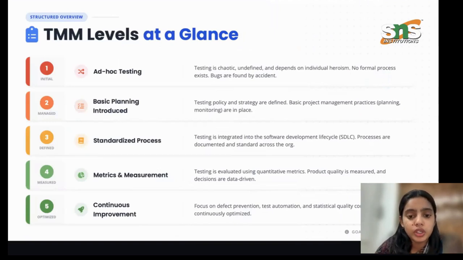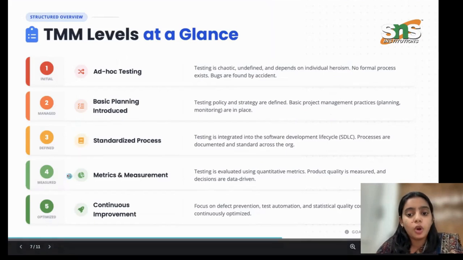Level 4 is measured. Testing is evaluated using quantitative metrics, and decisions are data driven. Level 5 is optimized. Focus is on defect prevention, automation, and continuous improvement. The goal is to move from chaos to optimization.